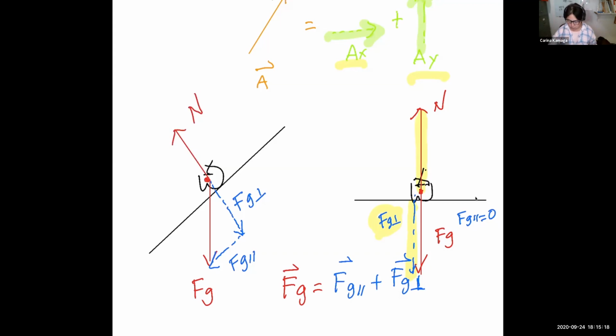Because the gravitational force that's pushing this apple perpendicular to the surface, how did it change? Did it stay the same, decrease, or increase?